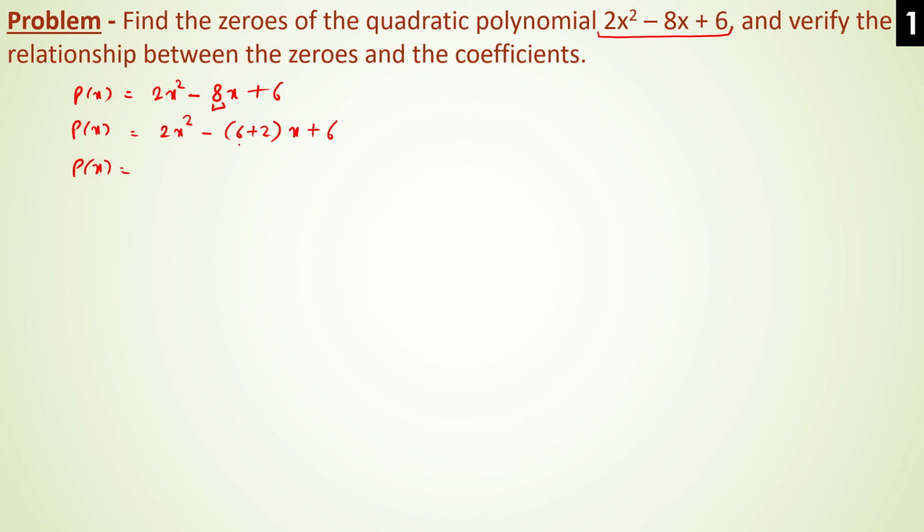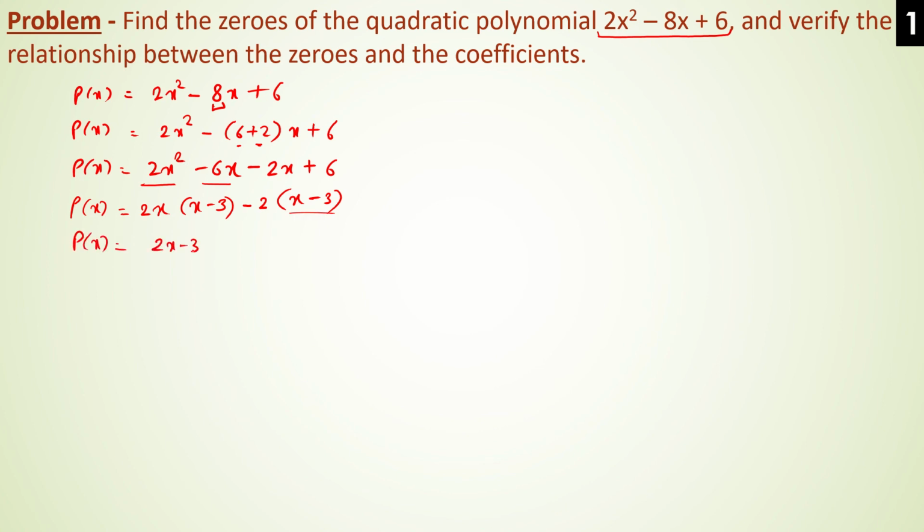In place of 8 we can write 6 plus 2, and the product of 6 and 2 is 12. So there is a method of factorization by splitting the middle term. So we get 2x square minus 6x minus 2x plus 6. So P(x) equals, here we can take 2x as common, so we get x minus 3. From here we can take minus 2 as common, and again we will get x minus 3.